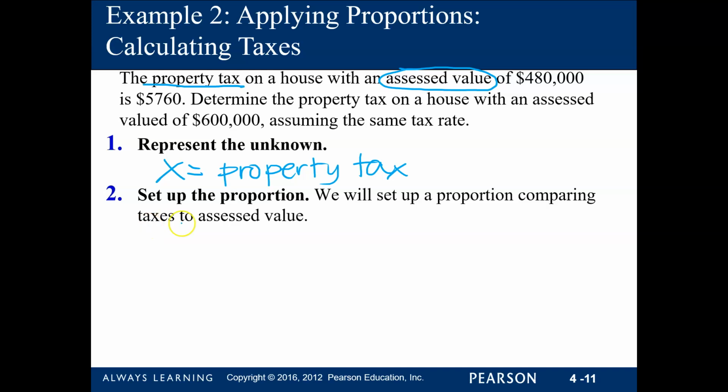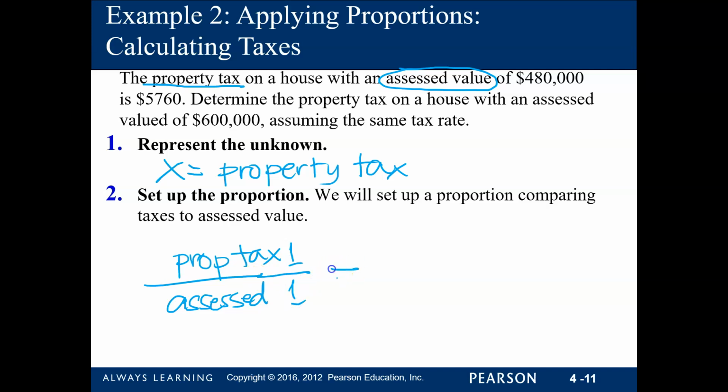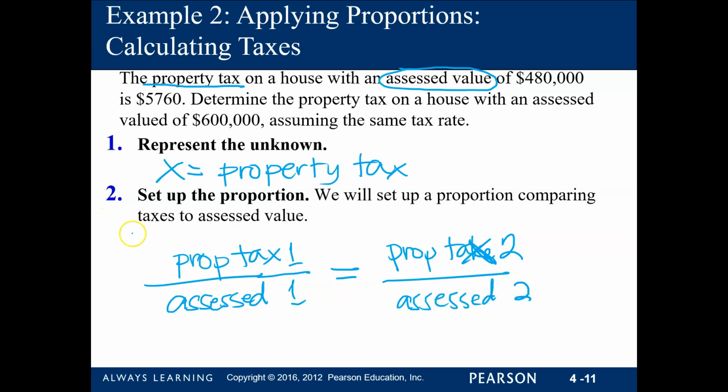So you can have it as property tax over assessed value of house number 1, okay, is going to be equal to the property tax of house number 2 over the assessed value of house number 2, okay? So this is what I am talking about, having consistent order of your quantities. So property tax, assessed value, property tax, assessed value.